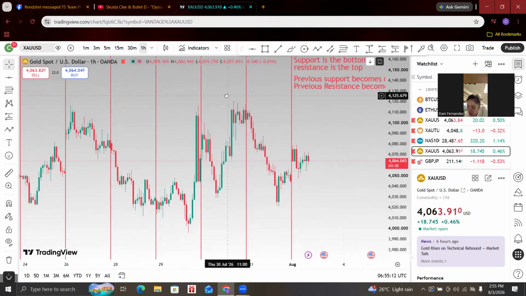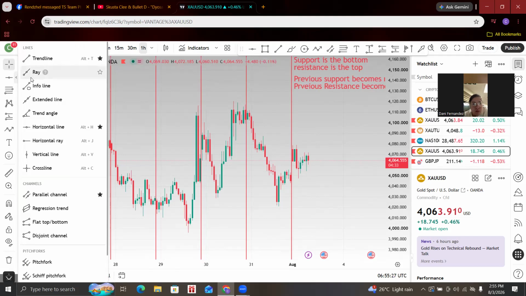And then for me to mark out, since you don't have the hot toolbar here yet at the top, right? For you to mark out the horizontal lines, I would go one, two, and then click the arrow, and then horizontal line.